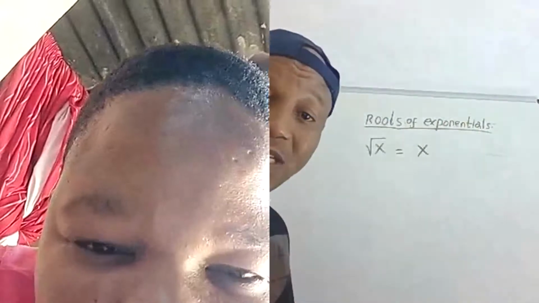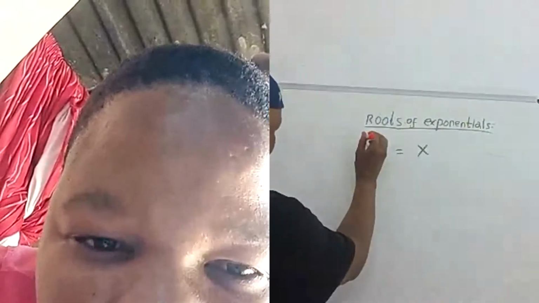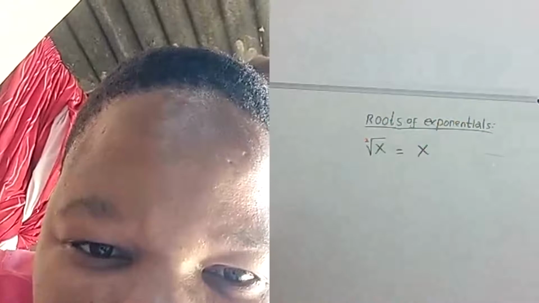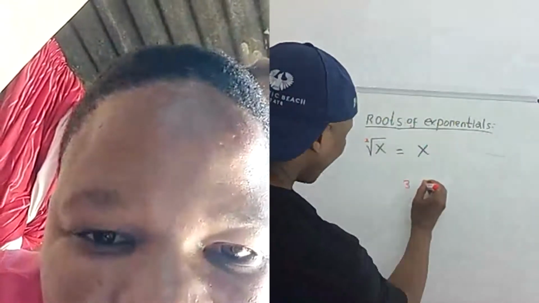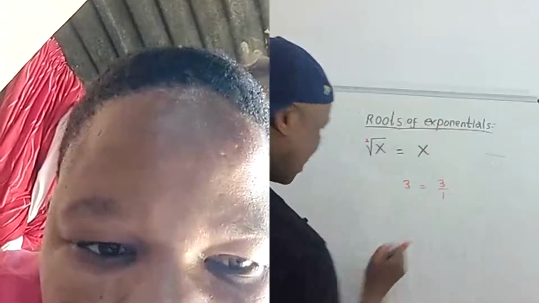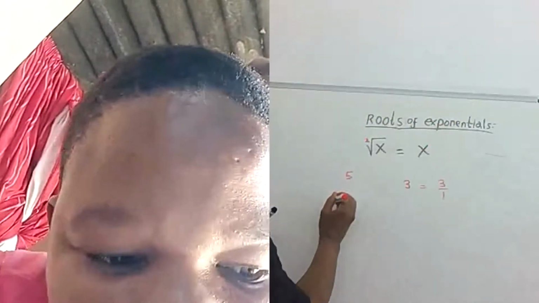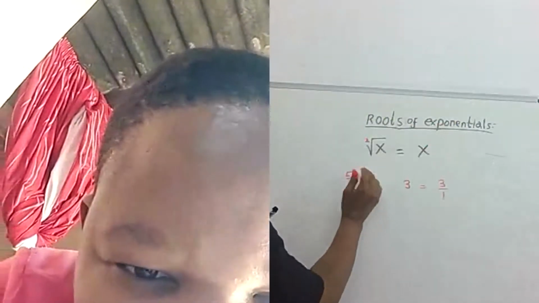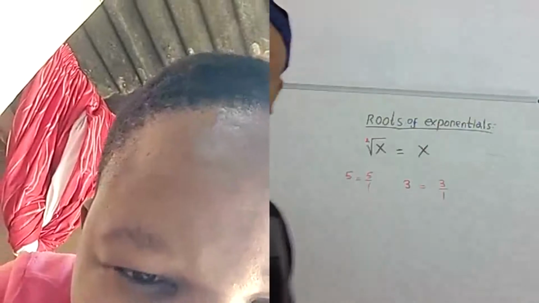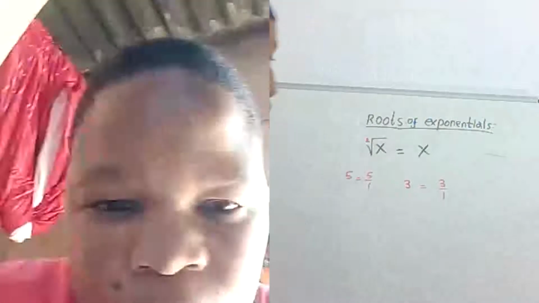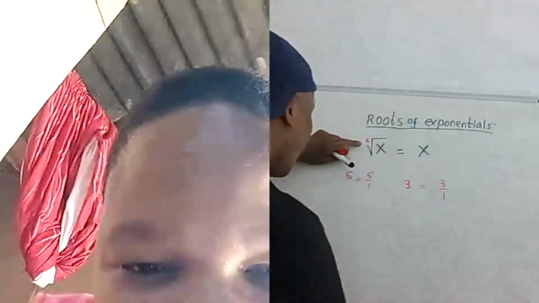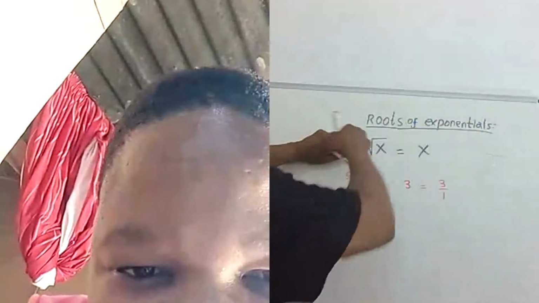Even if they don't tell you which number is there, there's a number 2 here. And if you say, let's say 3, what is 3? 3 is the same as 3/1. 5 is 5/1, because 5/1 is still equal to 5. 2/1 is still equal to 2. So even if there's no number here, you have to know in your head the number is 2.